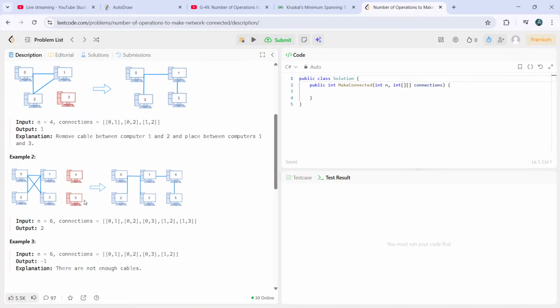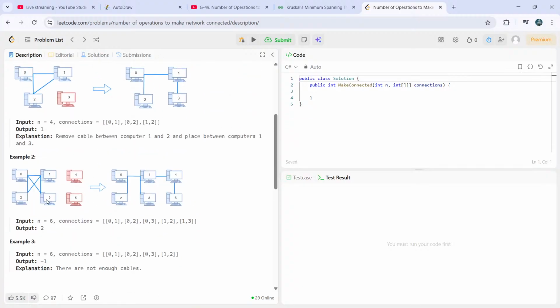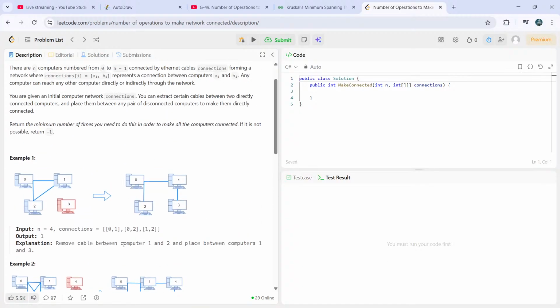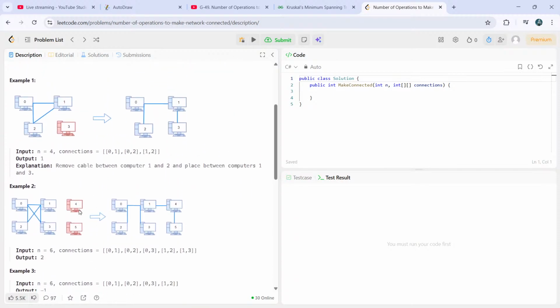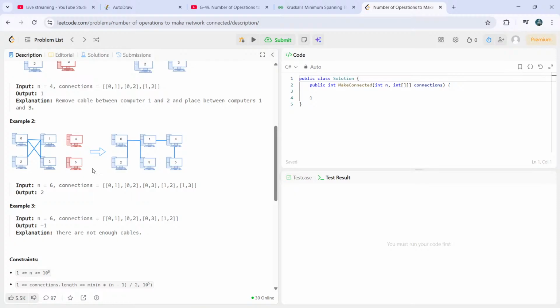Let's say I have three disjoint sets, and the condition can be satisfied if the number of connection cables is enough. So the number of disjoint sets minus 1 will be the answer. That makes sense. It's quite an easy problem. I think you understand what I'm thinking.